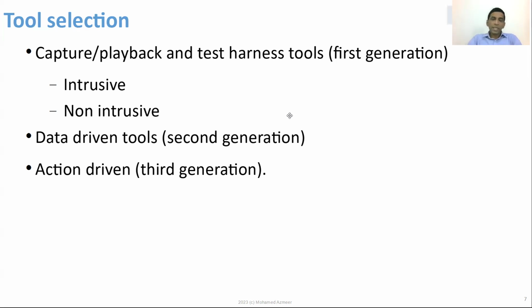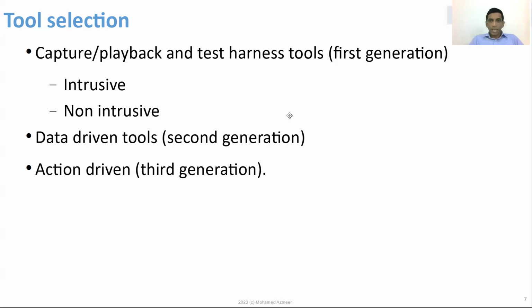Then we have data-driven second generation, where you have data that is working together with the software to understand how the software is performing. For example, like the simulation, where you have a form and then there is a piece of software that is loading data into the form and then looking at what is coming outside. So that is a little more automated than the previous first generation testing.